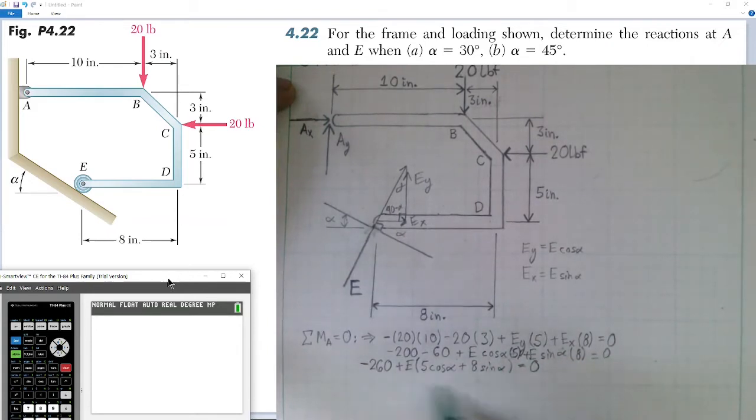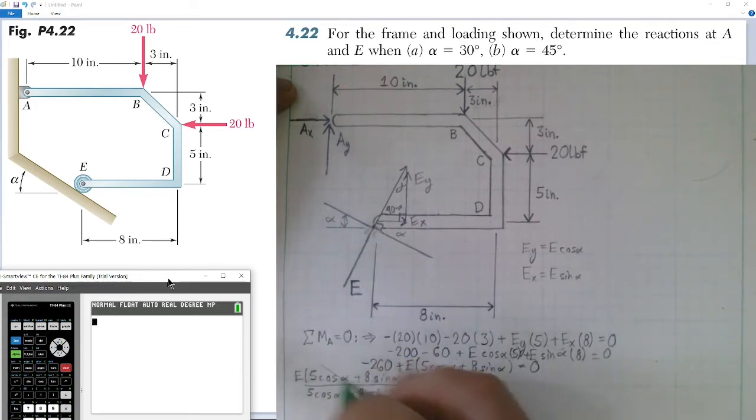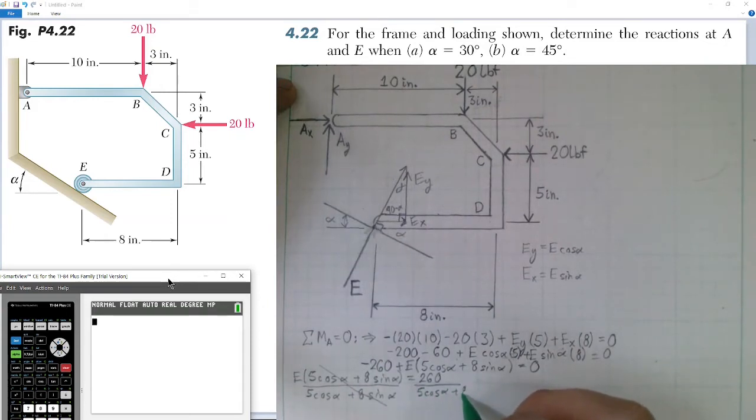We can then move the 260 over, so we'd have E multiplied by 5 cosine of alpha plus 8 sine of alpha equals positive 260. We can then divide both sides by this term, 5 cosine of alpha plus 8 sine of alpha. We divide by this side, we get the same term, 5 cosine of alpha plus 8 sine of alpha.